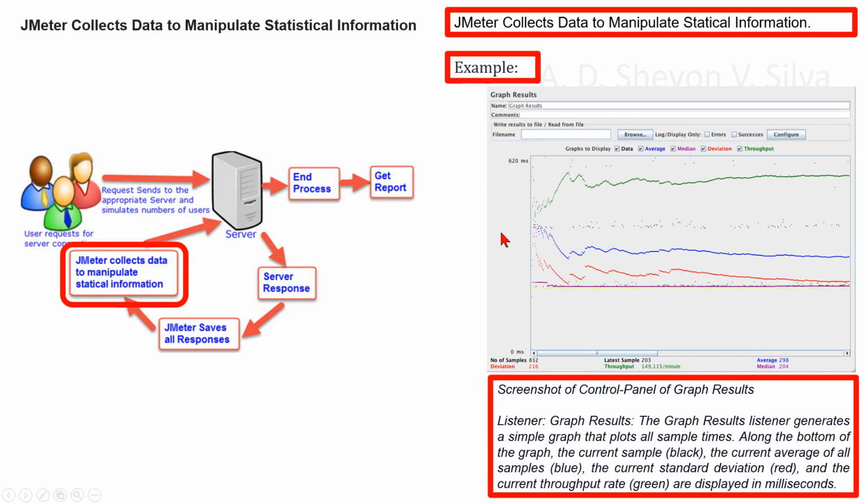Here is the graph results listener. The graph results listener generates a simple graph that plots all sample times.